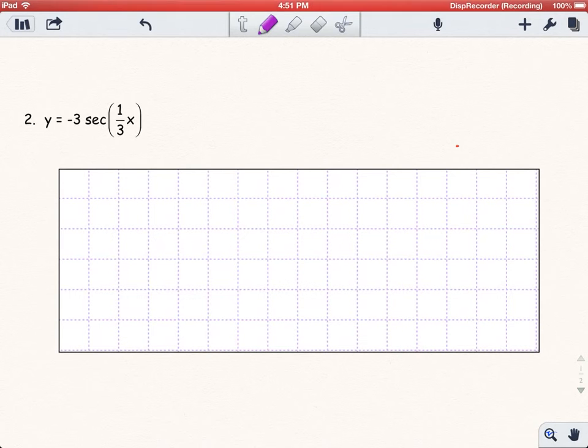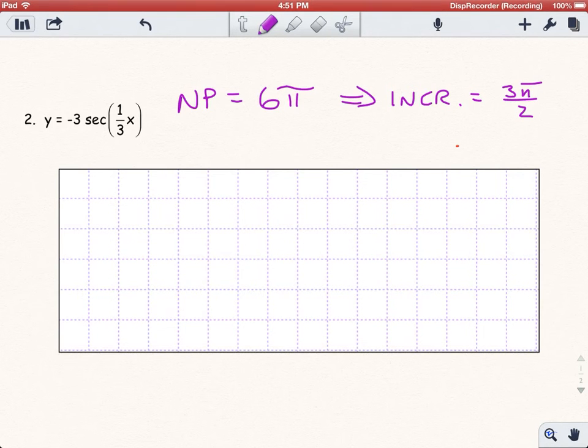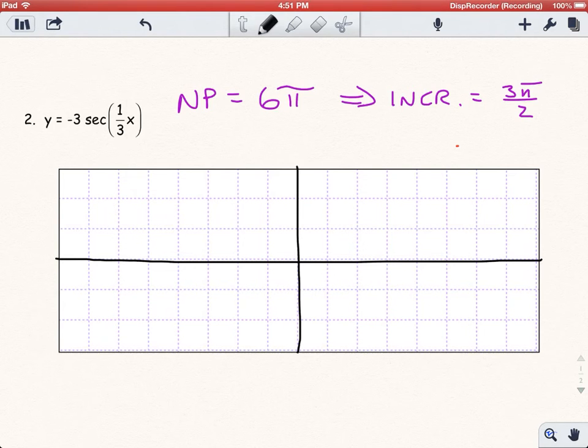The next problem is a new period of 6 pi and therefore increments of 3 pi over 2. No vertical or phase shift, so once again we can place our x and y axes right in the middle of the graph paper.